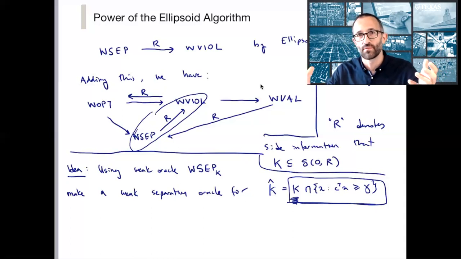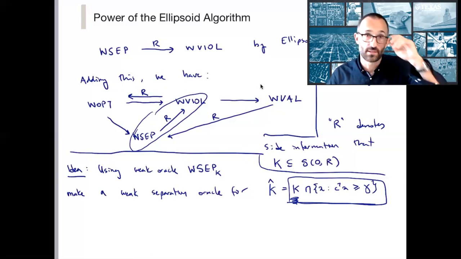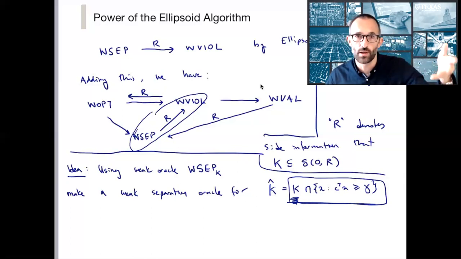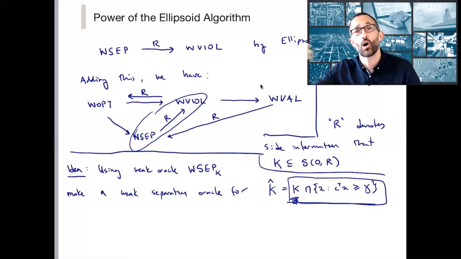Imagine that you want to check whether a point is in a polytope, and I don't give you that polytope, but I give you an oracle that tells you either you're in it or it tells you a violated inequality. And I ask you, are you in that polytope, and also do you satisfy this additional inequality? The additional inequality you can just check for yourself. It's easy. We do that computation. So we're the oracle, if you want to think of it that way.